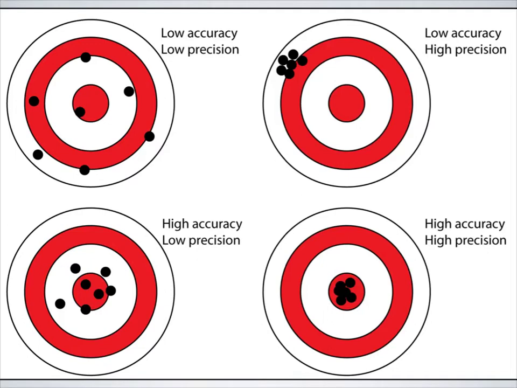Over here, up in the top left, you'll see the target that has low accuracy and low precision. Accuracy is how close you are to the bullseye. Right here. This is where we want to hit, right? I mean, we've all gone target shooting before, and if you haven't in real life, you at least understand the concept.